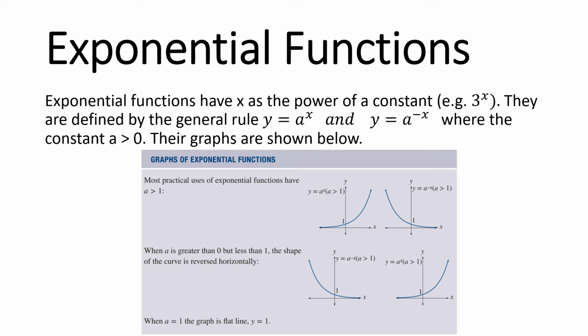So it might be 1 to the power of negative x or 3 to the power of negative x. And as you can see, it flips around and goes the other way. When a is greater than 0 but less than 1, the shape of the curve is reversed horizontally. And when a is 1, the graph is a flat line, y equals 1.